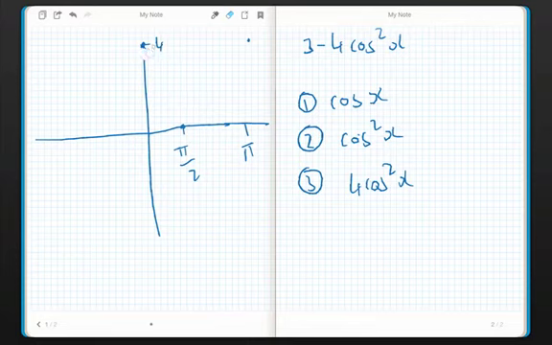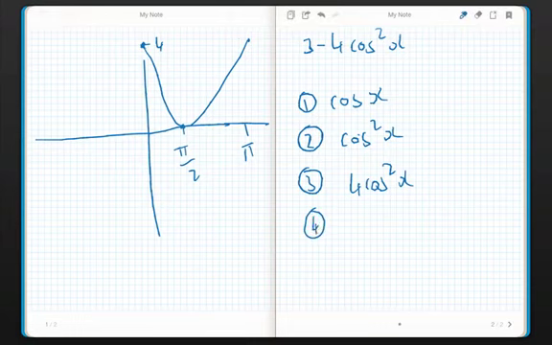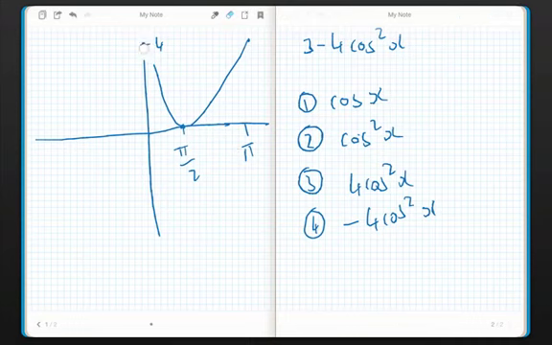I'll just draw this again. Something like that. Now, the fourth step is graphing minus 4 cos squared x. And I think you're way ahead of me on this. If I just erase this graph, I'll redraw the axis one more time.